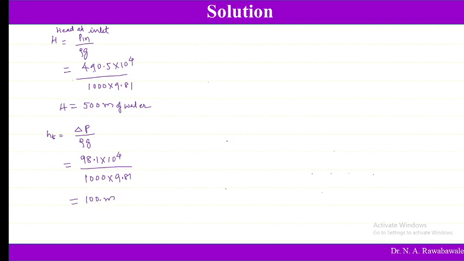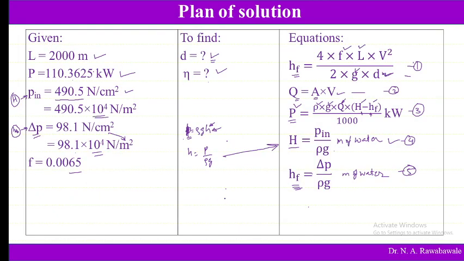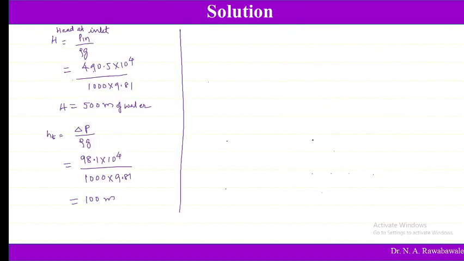So now we can find here, we know H, we know HF. So we can find out velocity in terms of diameter using the first equation. Now coming to this first equation, HF is equal to 4 f L v square divided by 2 g d.